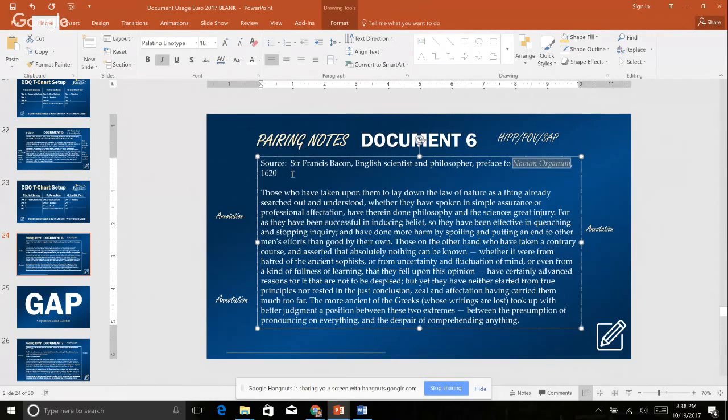For as they have been successful in inducing belief, so they have been effective in quenching and stopping inquiry, and have done more harm by spoiling and putting an end to other men's efforts than good by their own.